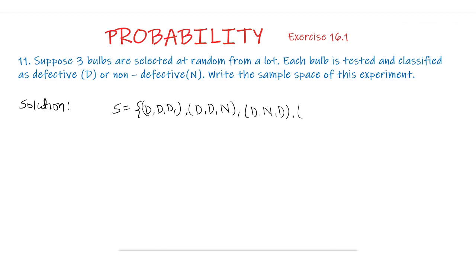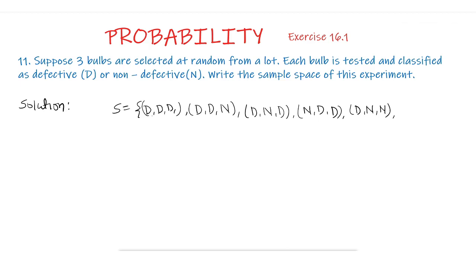Our first bulb is not defective, second bulb is defective, and third bulb is defective. So our fourth element is NDD.